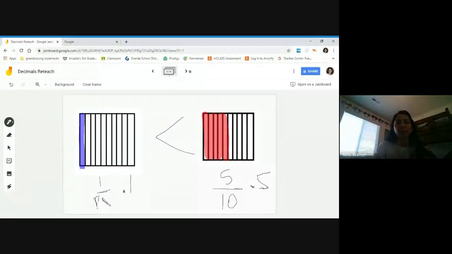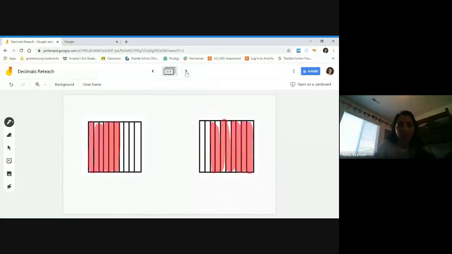So looking at this one, we're just going to find the decimal of it. So decimal point, we've got 1, 2, 3, 4, 5, 6/10 as so, 0.6. And then we have 1, 2, 3, 4, 5, 6, 7, 8/10 like so. And then we just compare.